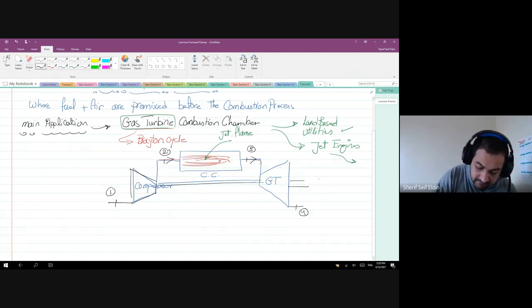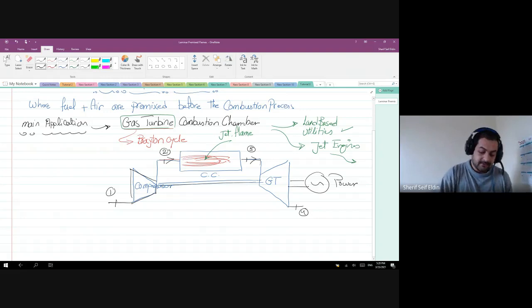And it generates power, work. All right. So here, this flame is either a laminar flame or a turbulent flame.